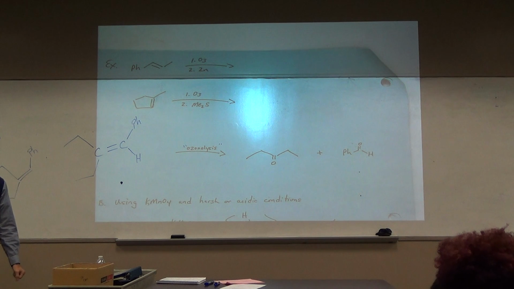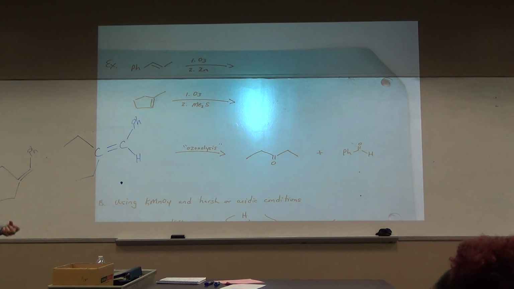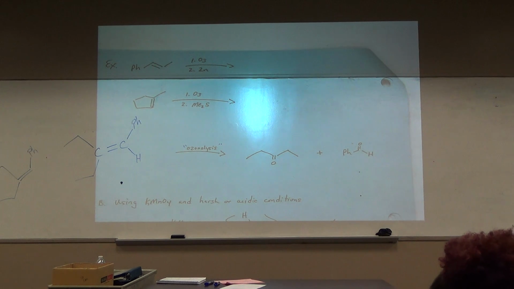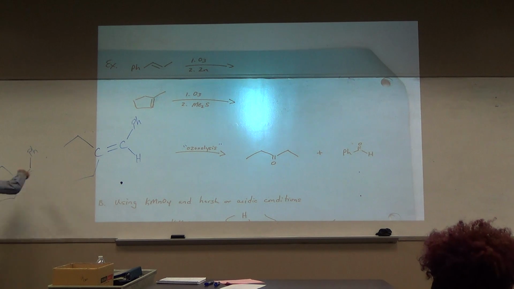By the way, does stereochemistry of the alkene matter? No. In the very top example up there, the phenyl and methyl are trans. If they were cis, you would get the same exact products. Once the double bond is cleaved, it's the same thing. In this case, there is no stereochemistry.